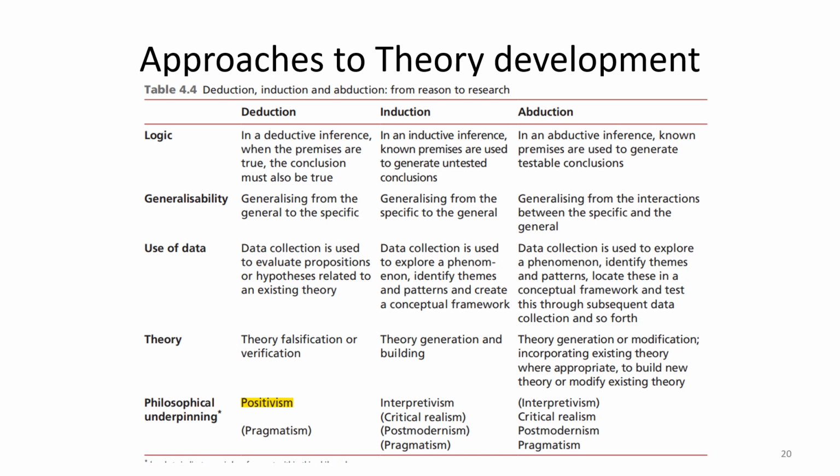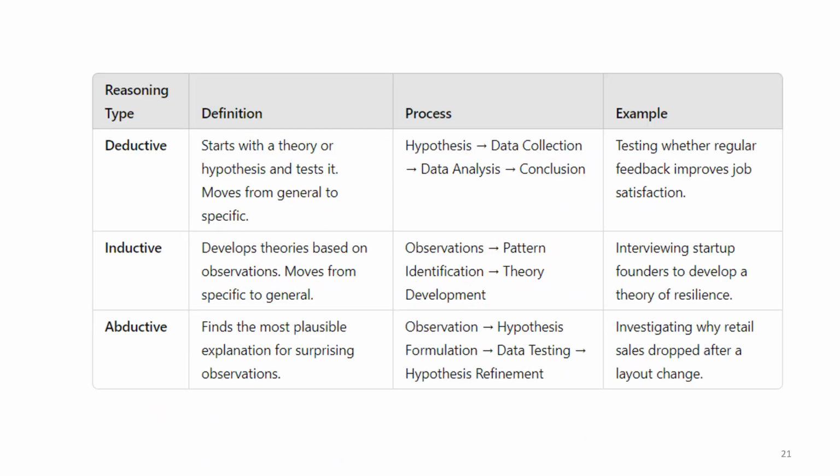Based on that data, the researcher finds that customers are indeed having trouble navigating the new layout of the store, which leads to fewer purchases. So this kind of reasoning is mostly used in case studies or mixed method research, where the researcher needs to make sense of incomplete or puzzling data. This slide compares deductive, inductive and abductive reasoning with their processes and examples.